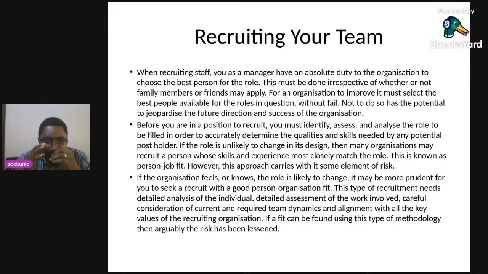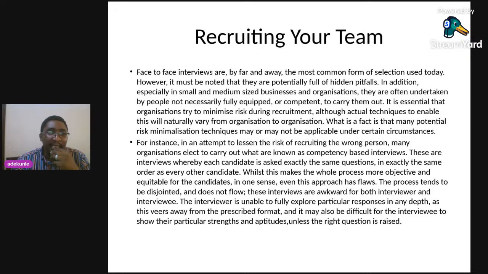You need to assess the person and the work of the person carefully, and also check the dynamics and understand his role, and whether he can be aligned to teams within the organization that you're bringing the person to. So it is important to select the right person first and foremost when you're bringing them into your team.